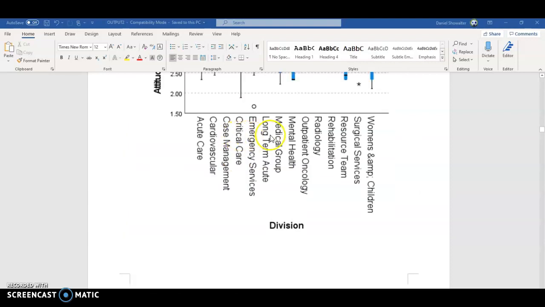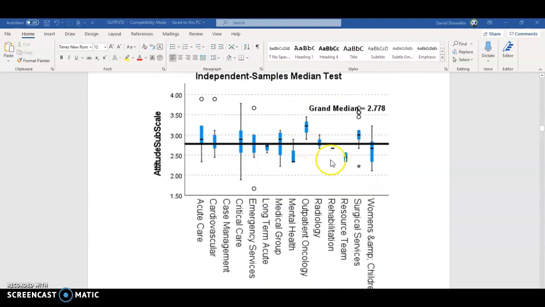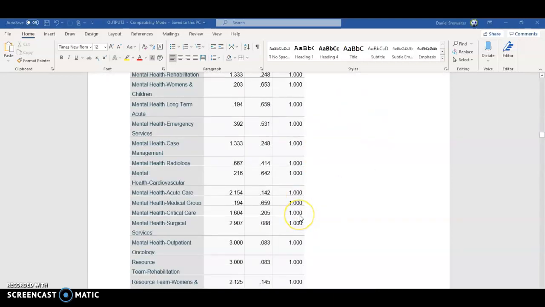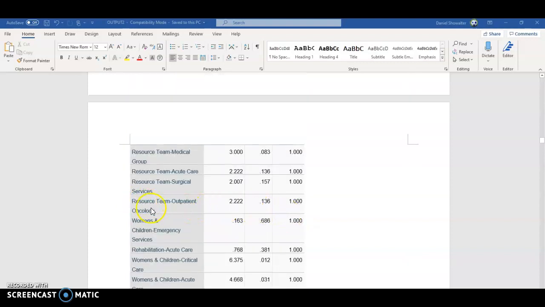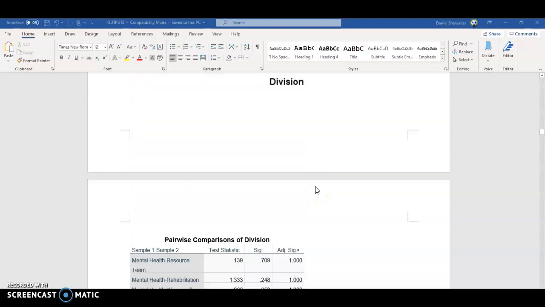And then we see all the different pairwise comparisons. Let's take one that we mentioned: let's say we're going to compare resource team with outpatient oncology. So you can see these values here. What do they mean? The sig is our p-value.